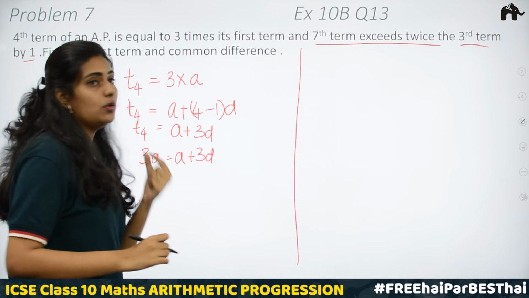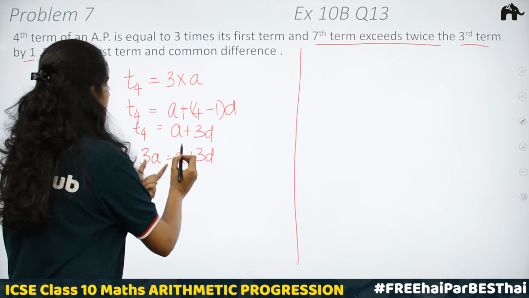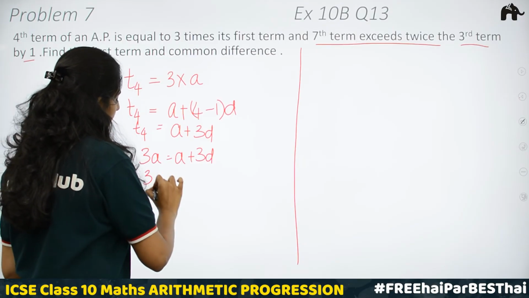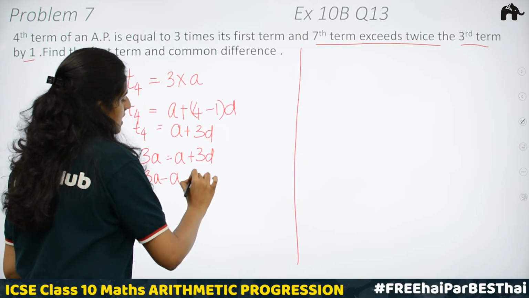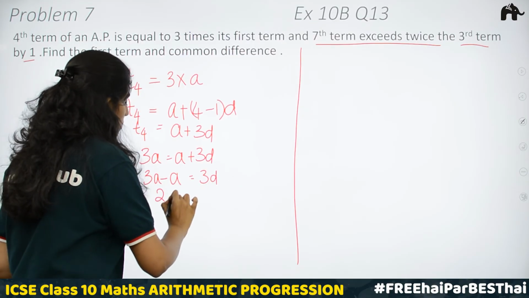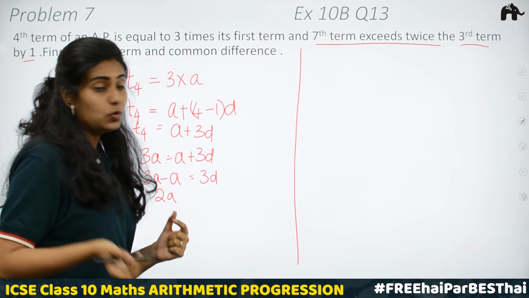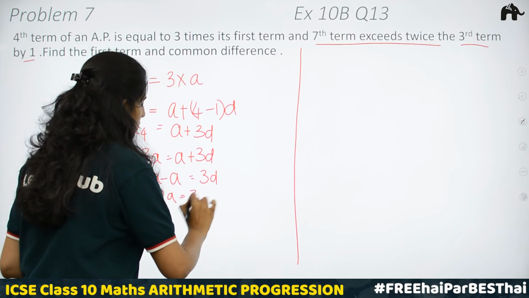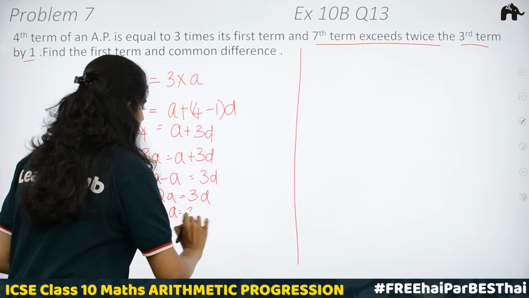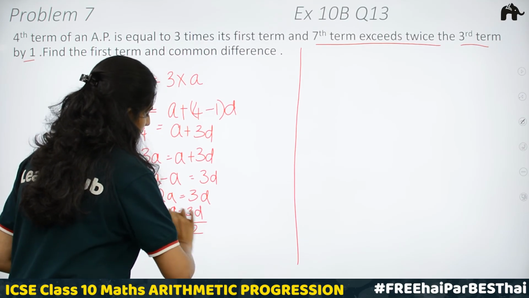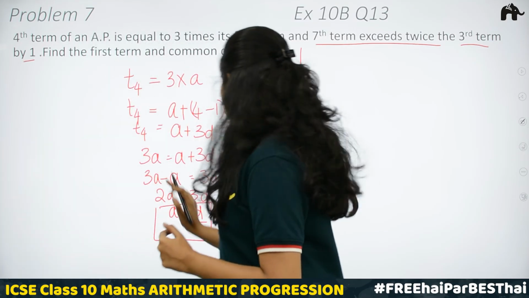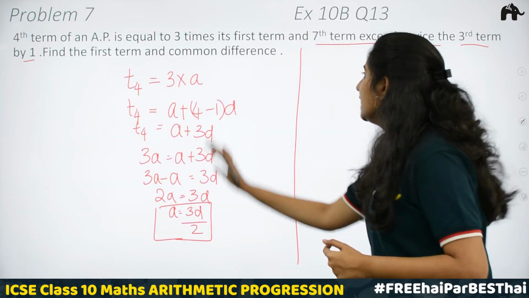Bringing a to the opposite side, we get 3a minus a is equal to 3d, or 2a. 3a minus a is 2a. 2a is equal to 3d. We can write a is equal to 3d divided by 2. Okay. Keep it aside.